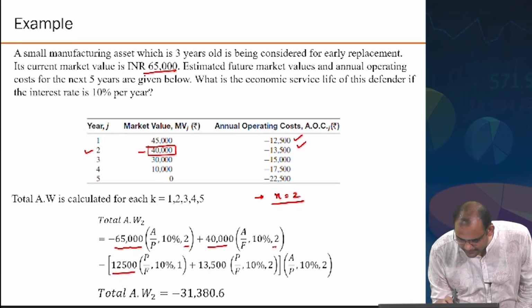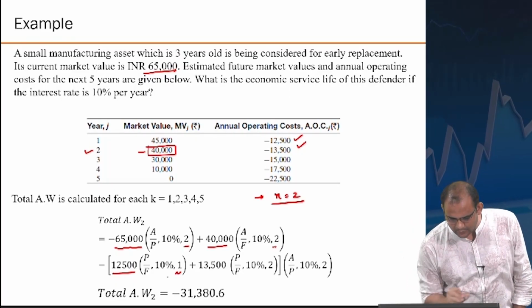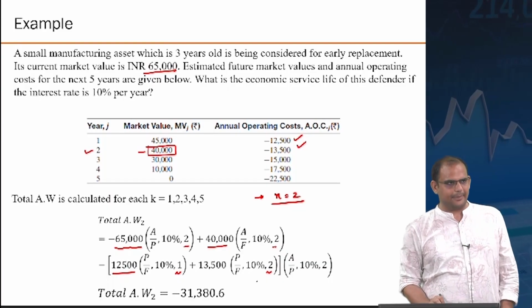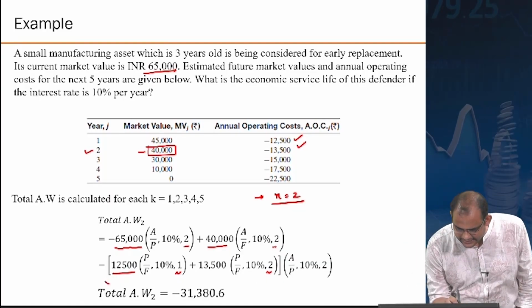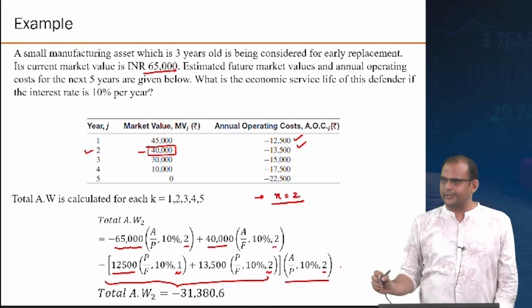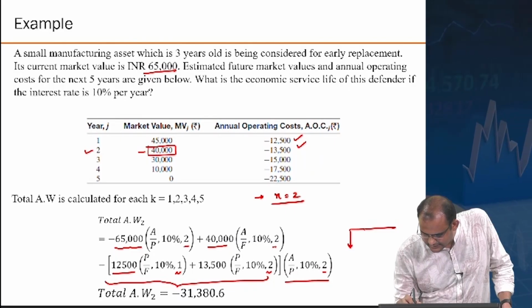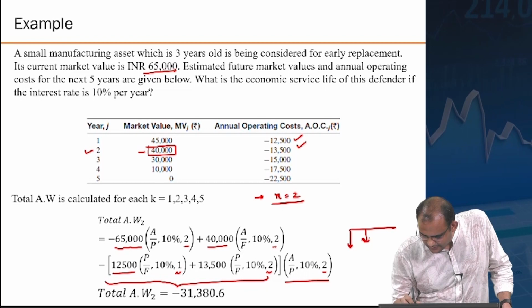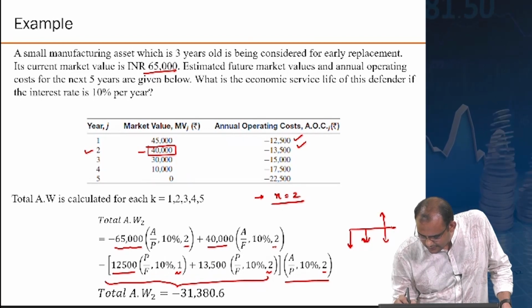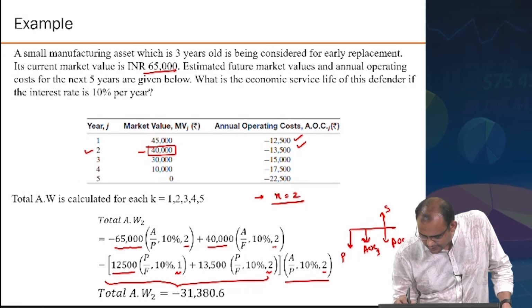You first bring in the present worth kind of a formula. This is happening in year 1, this is happening in the 2nd year, and this entire series gets distributed using the A by P formula for 2 years. Is it making sense? The cash flow series is essentially this is S, this is P, this is your AOC 1, this is your AOC 2.